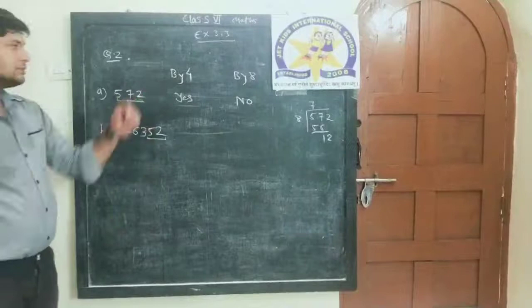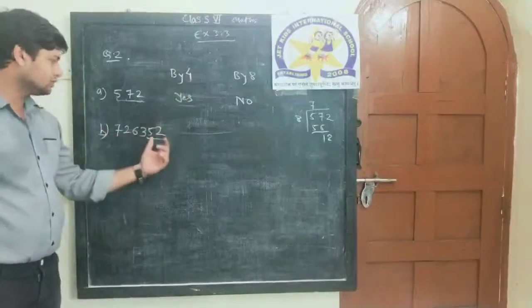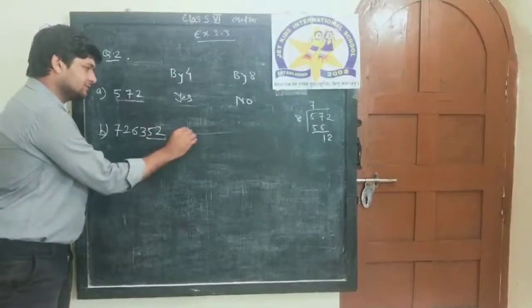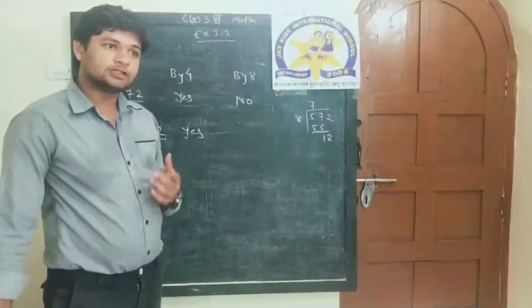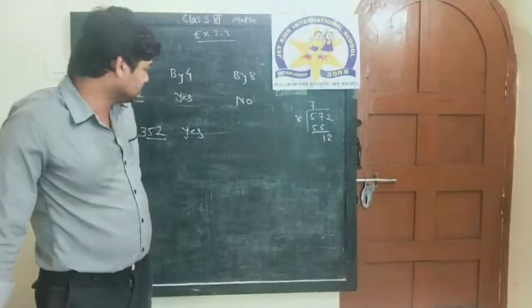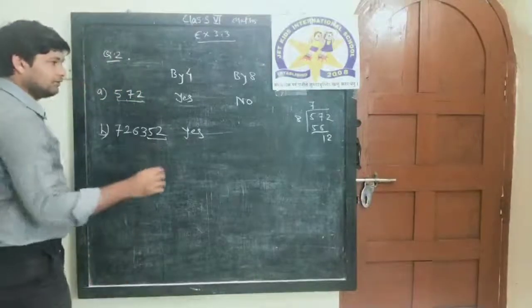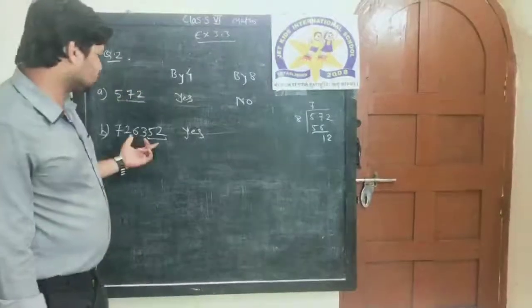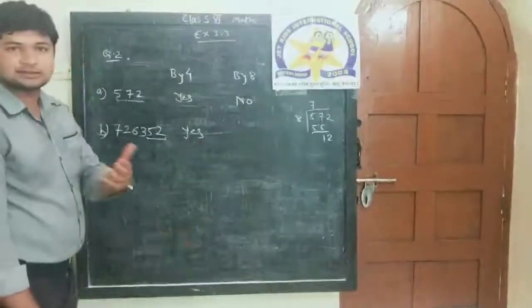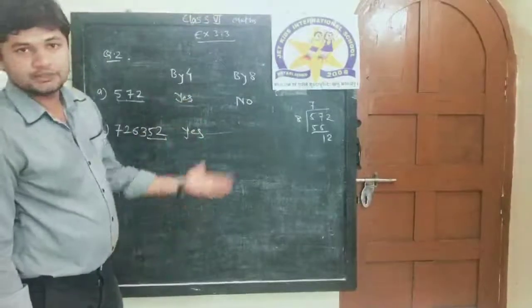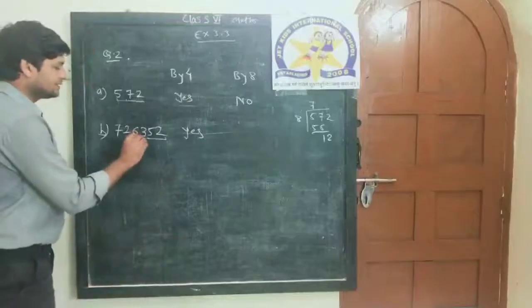Is 52 divisible by 4? Yes, 13 fours are 52. That's why the table till 20 is most important for our calculation. If you learn the tables, you can solve it without using pen and paper. Directly you can say yes, it is divisible, or no, it is not divisible.